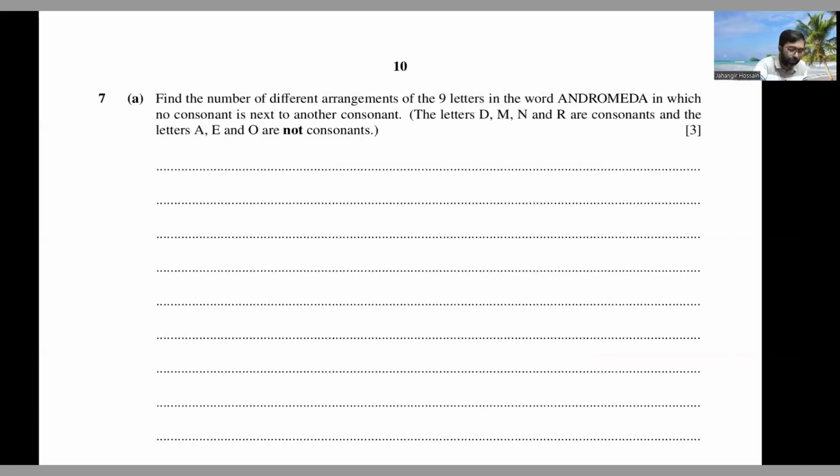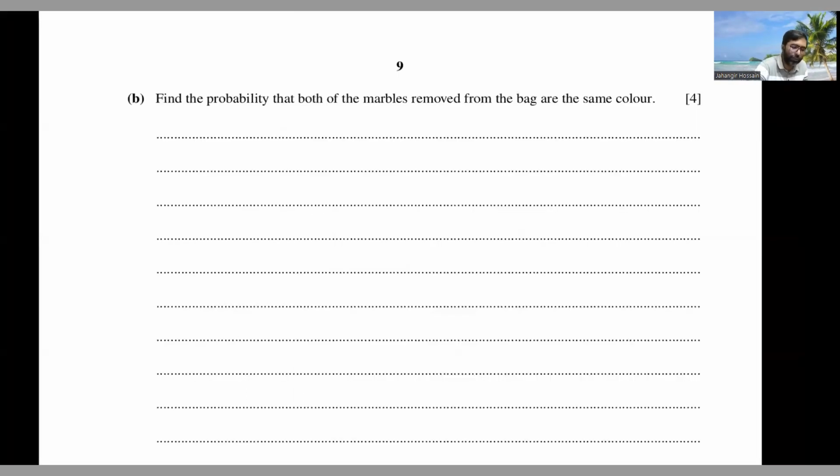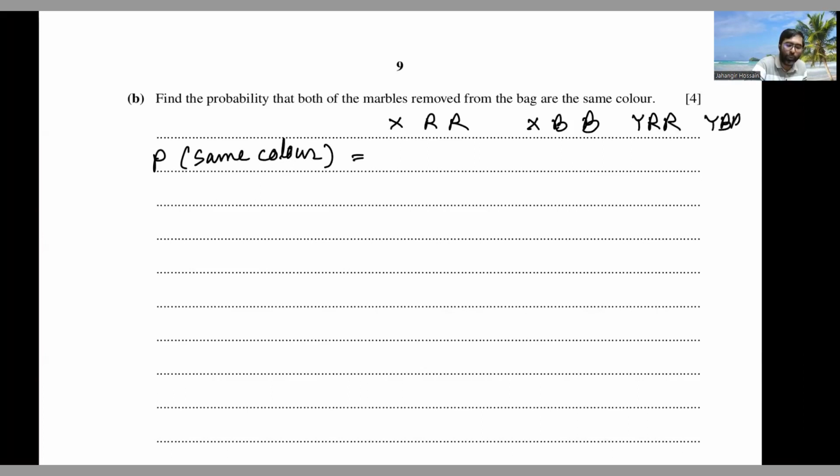Both marbles being the same color will be X red red, X blue blue, Y red red, and Y blue blue, although for Y blue blue the probability is 0.